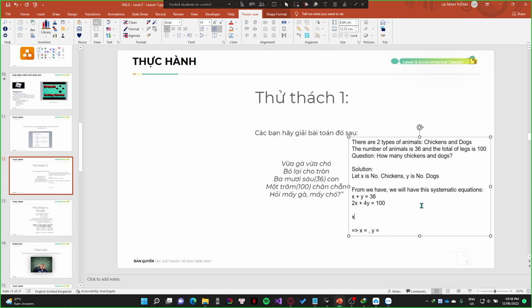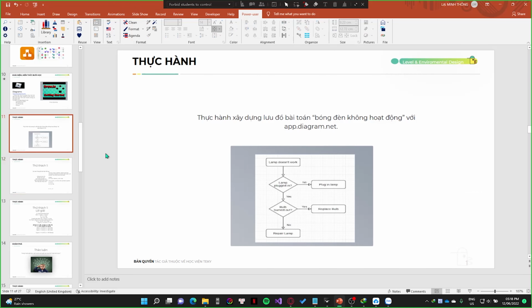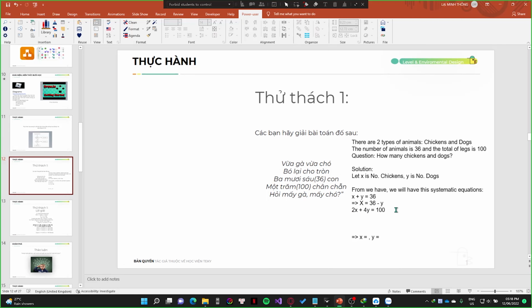You can do it like this. You can do x equals 36 minus y. Then you replace the x inside this equation with the statement above. So 36 minus y plus 4y equals 100.